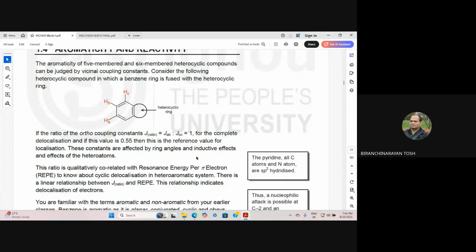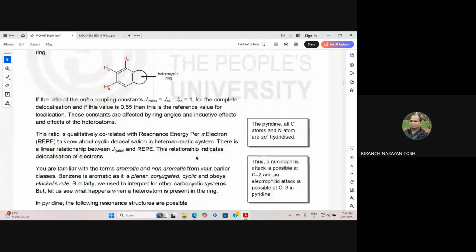These constants are affected by ring angles and also the inductive effect. The ratio is qualitatively correlated with the resonance energy per pi electron, the REP value, to know about cyclic delocalization in an aromatic system.